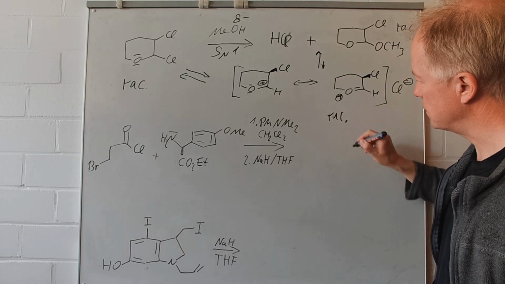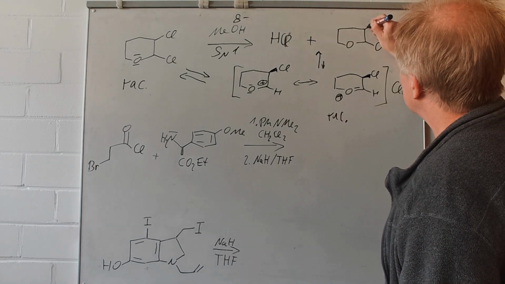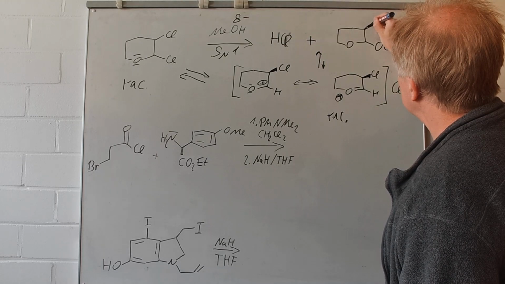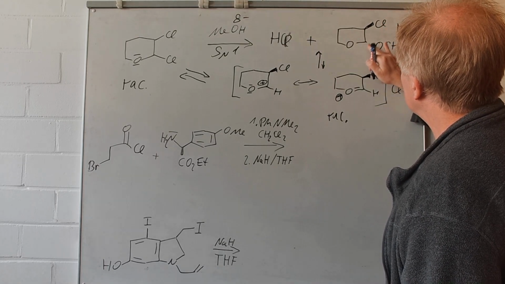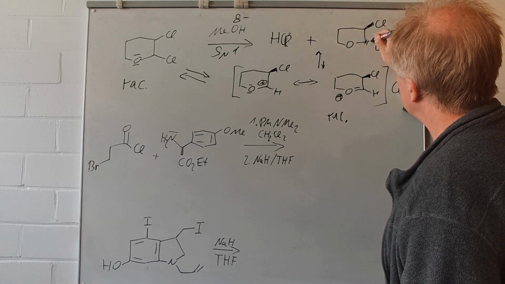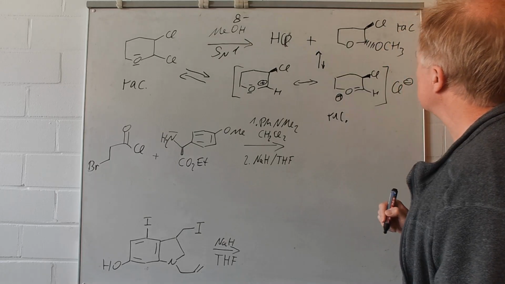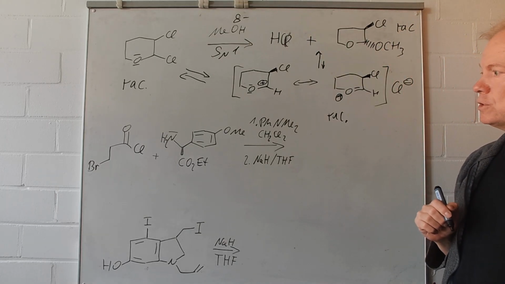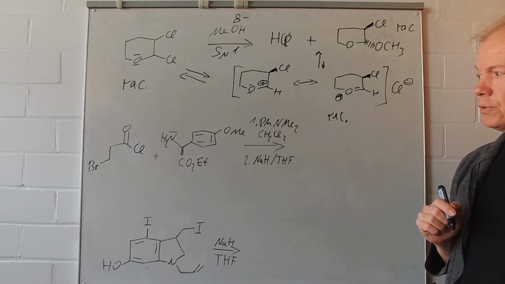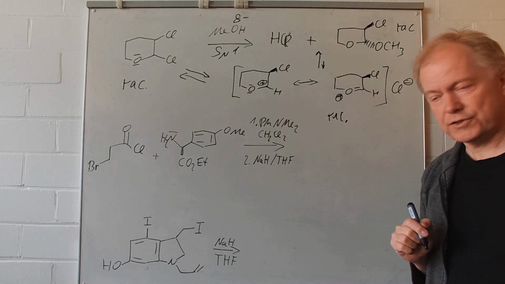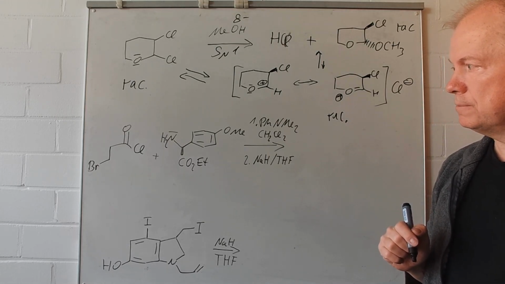We have marked that it is racemic, and this would mean the methoxy group should be on the other side of the molecule. So let's discuss the second example.